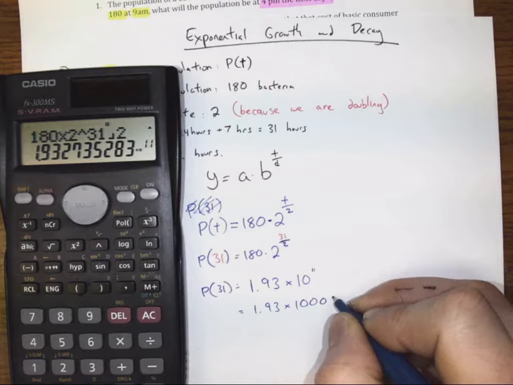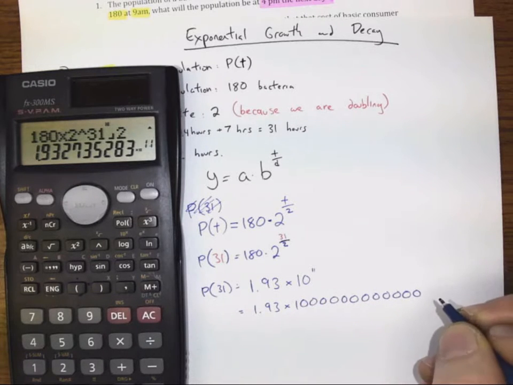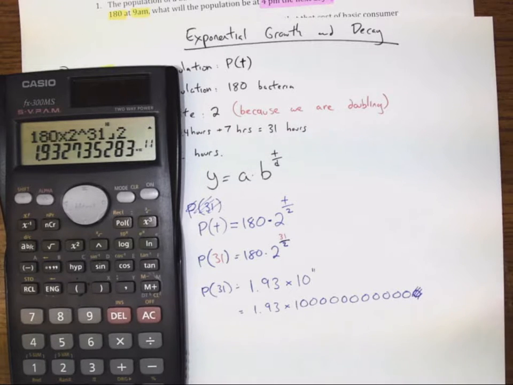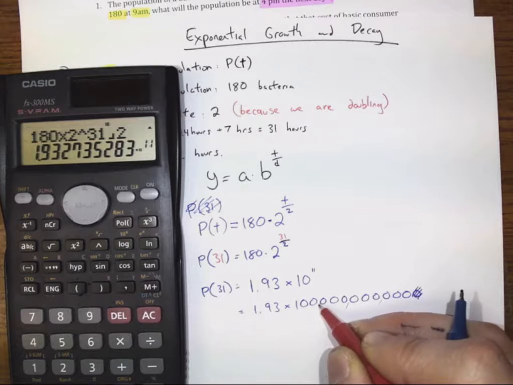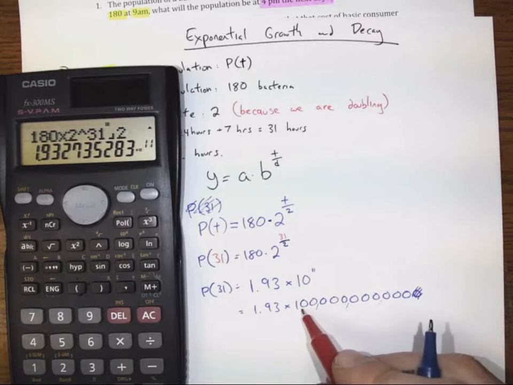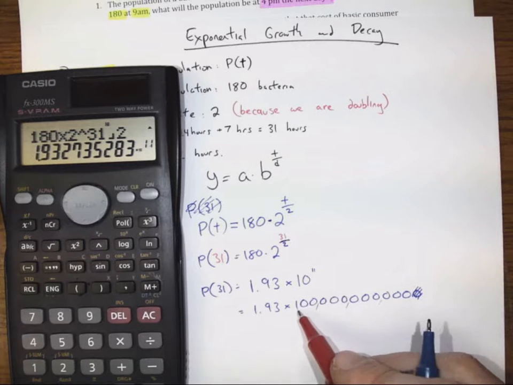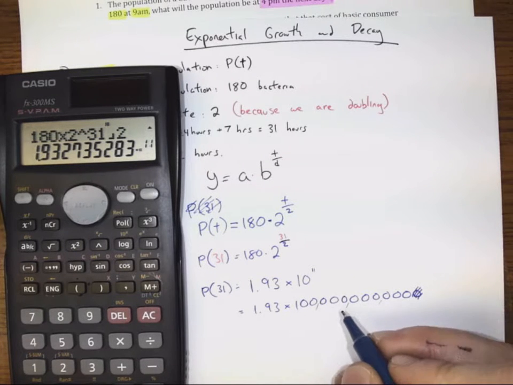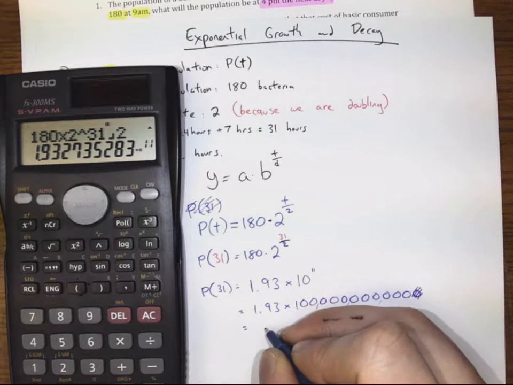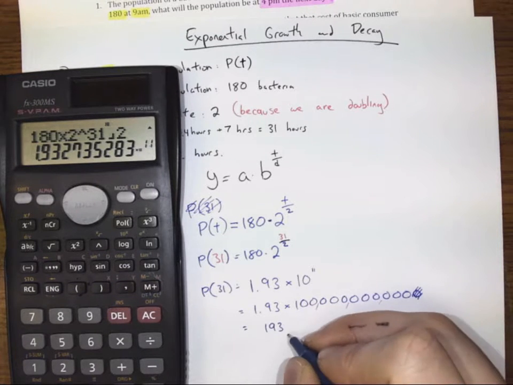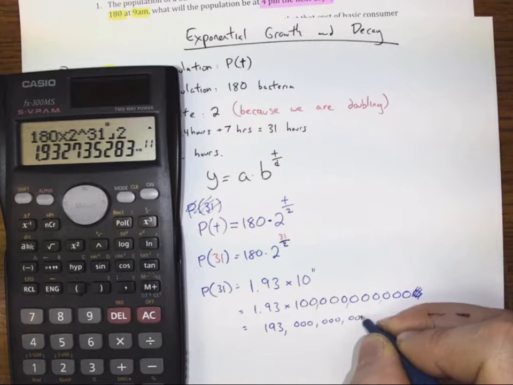Just so we're clear, how big is that? That should be 100 billion. So it's 1.93 times 100 billion, or 193 billion bacteria.